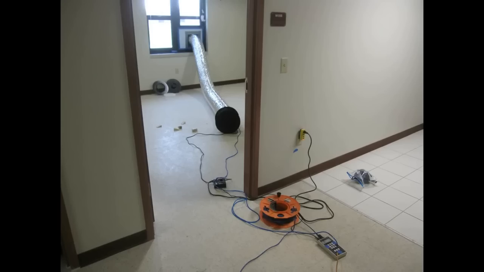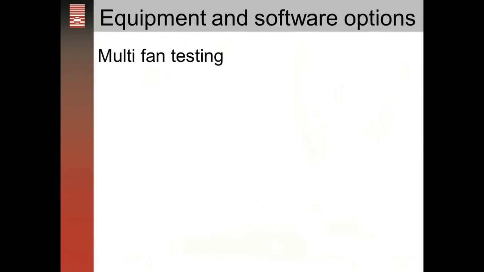You could pick up that duct blaster frame with the fan in it, just loosen it up a bit so you can get it out of that door opening, loosen the cam levers, and move down the hallway to the next door with the fan right in the frame. So that makes it pretty quick to move down the hallways and do multiple tests.